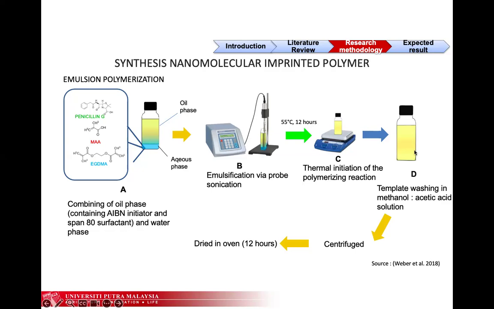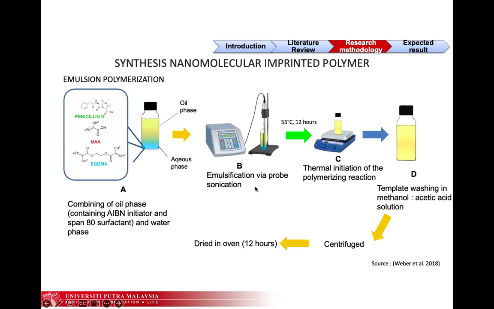And then the next one, once we have the polymer ready, is the extraction, the removal of the template. This is also critical, and we have to study what kind of solvent system is suitable to remove the template, in this case Pen G, from the prepared imprinted polymer.